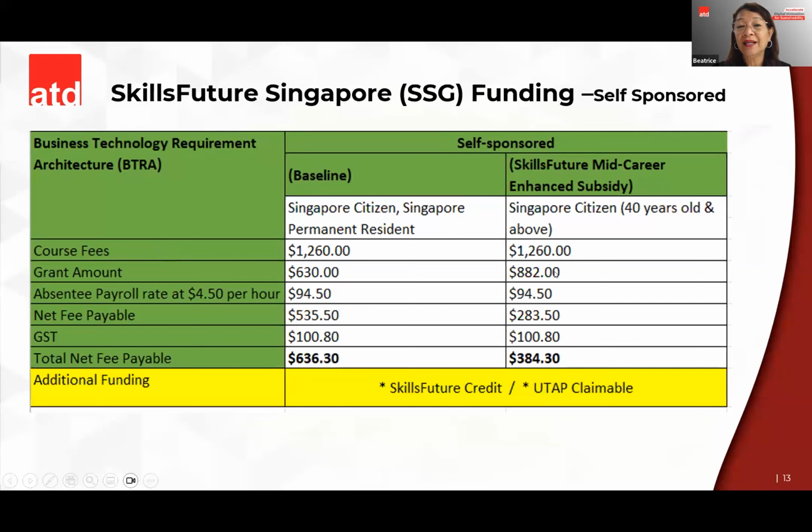And the grant amount, that's the course fee, this is the grant amount, and the net fee payable is 384, in which there is additional funding that you can use. So, which is the SkillsFuture Credit that every Singaporean is given up to about 1,500, but you can use up to 1,000. So in this case, for example, if you have a SkillsFuture Credit and you only need to pay for your course fee, you can just use the balance. So it's almost an equivalent of $0 in terms of investment.